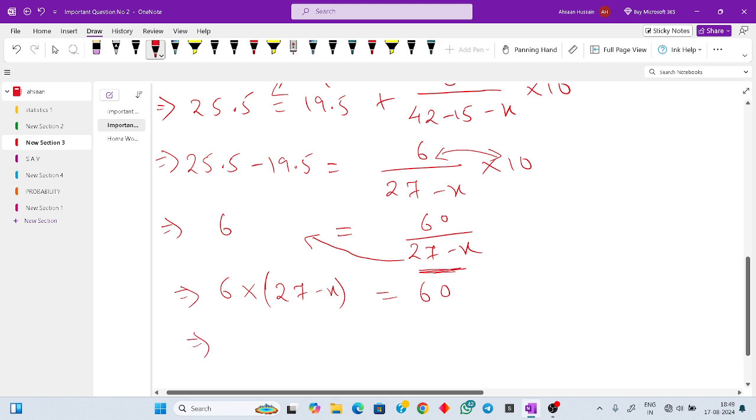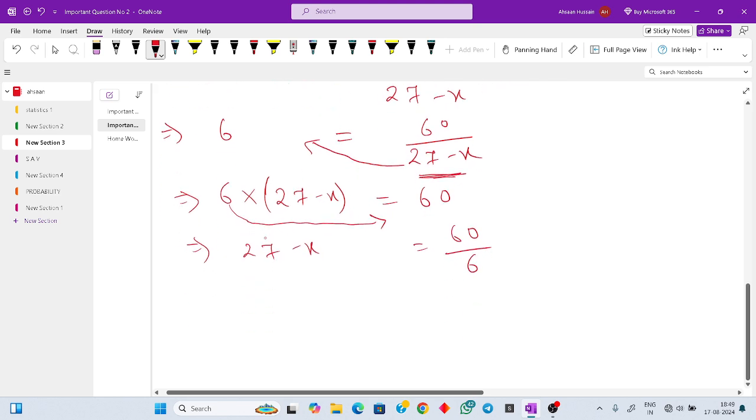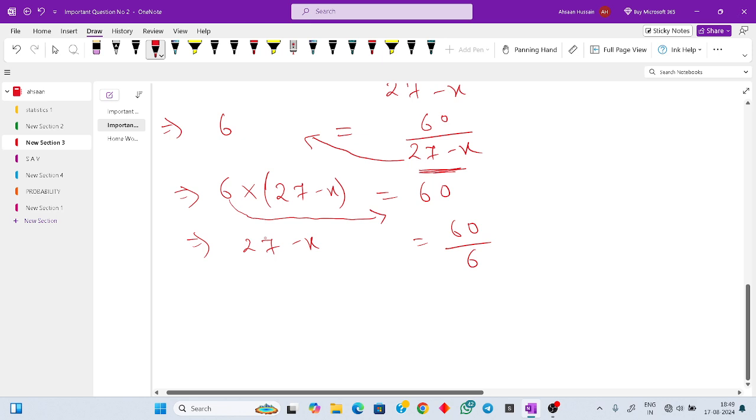Now if this 6 goes to the other side, it will become divided. So write 27 minus X equals 60 by 6. Or you can multiply it also, 6 into 27 and 6 into X. But since 60 is a multiple of 6, I have brought it to the other side to cancel that.